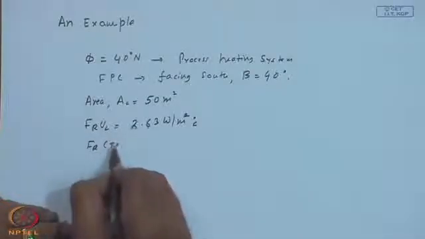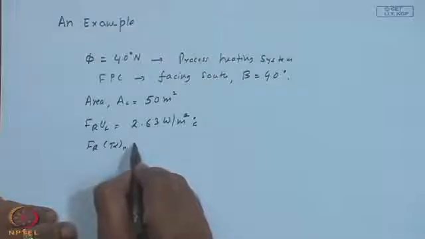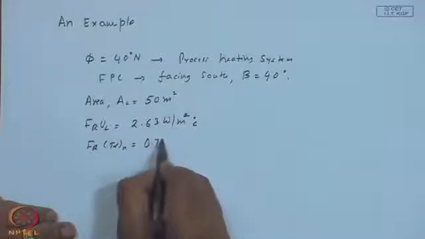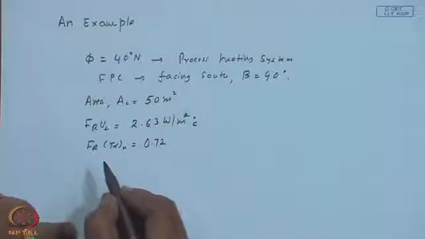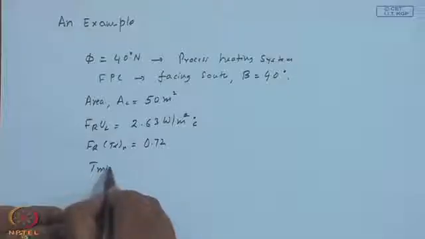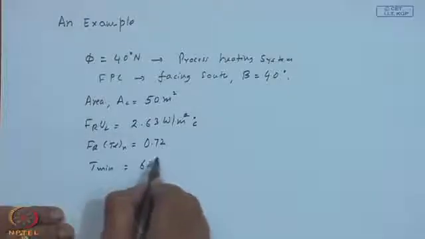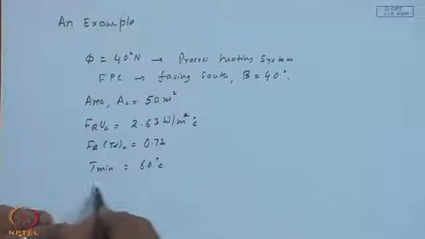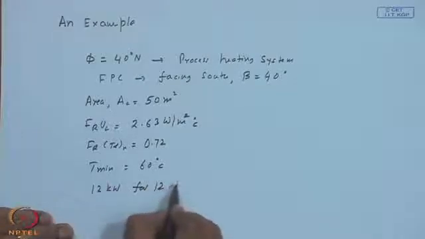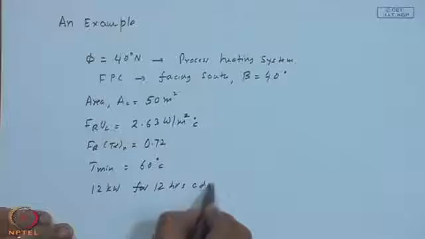In fact, these values we have used in other publications also. This is T minimum is 60 degrees C of 12 kilowatts for 12 hours a day. Okay.